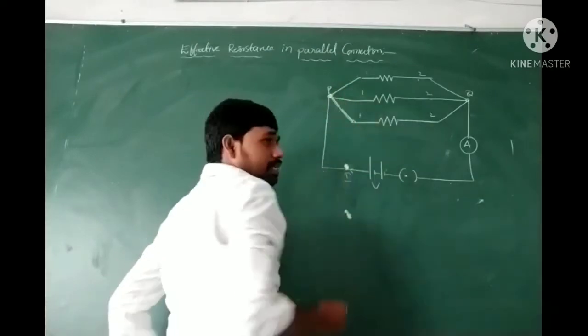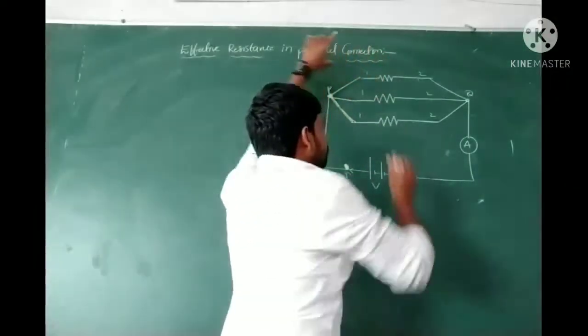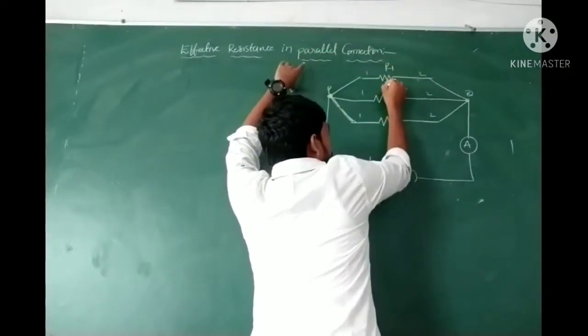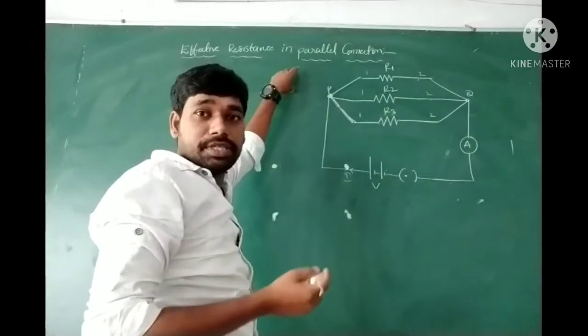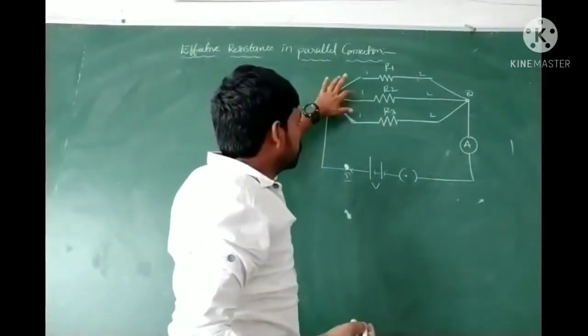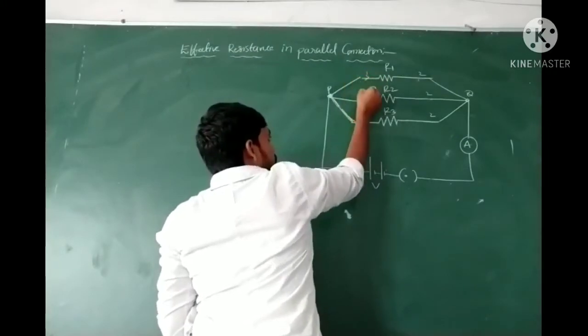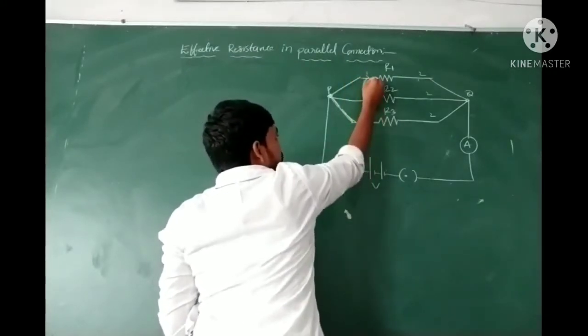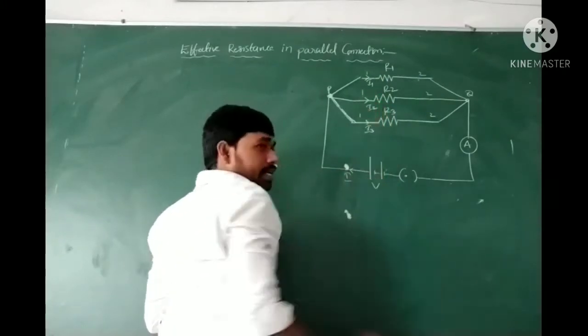Depending on the capacity of R1, R2 and R3, the current flows in the three resistors as I1, I2 and I3.